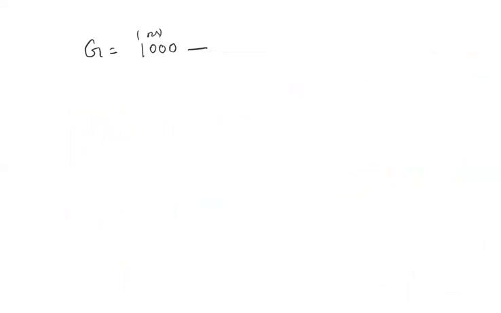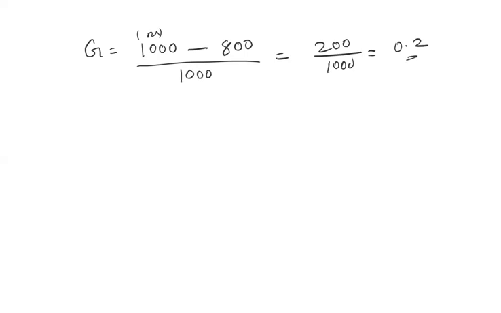Suppose the person, instead of 1000 rupees, is spending only 800 because his income is low. He is not able to spend 1000. He is spending only 800. So divided by poverty line, again 1000. So how much does it come to? It comes to 200 divided by 1000, which is 0.2, isn't it?